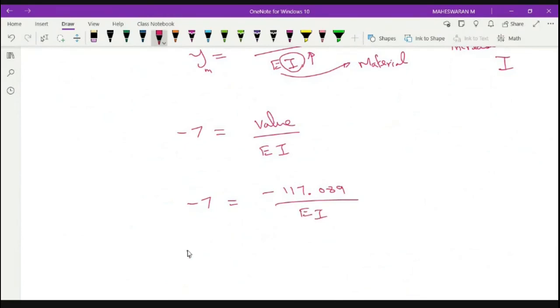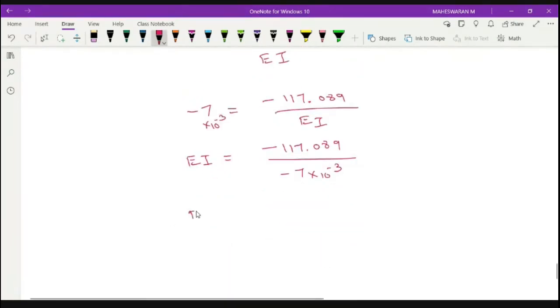Which means, what is my EI value has to be? This one I have to substitute into 10 power minus 3, because I am substituting in meter. Okay, so what will be my EI value? So EI value will be minus 117.089 divided by minus 7 into 10 power minus 3. Okay, what is the EI value I am getting? 16727. So you're getting around 16727.